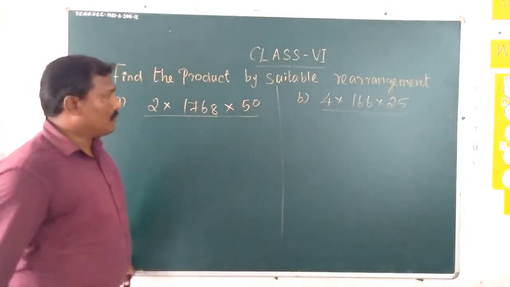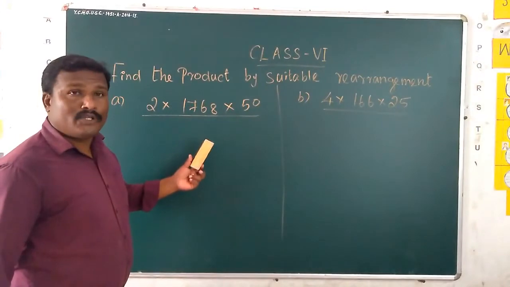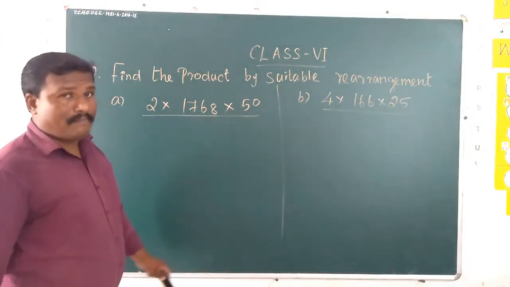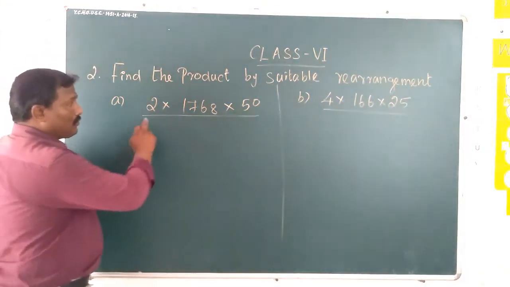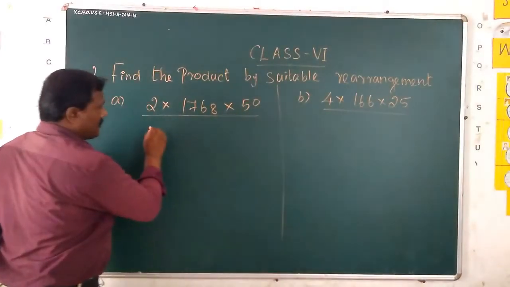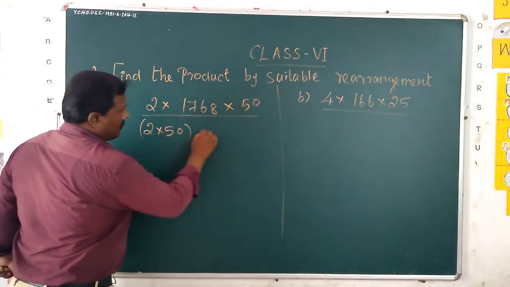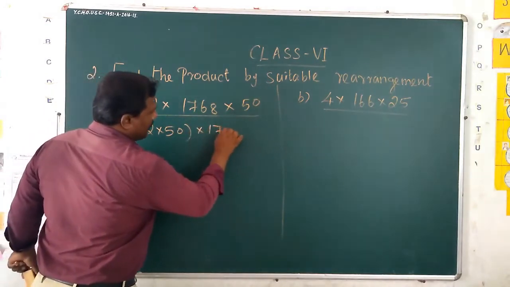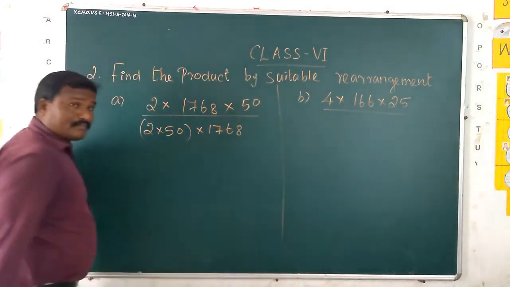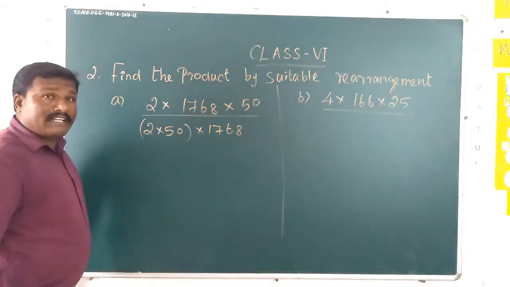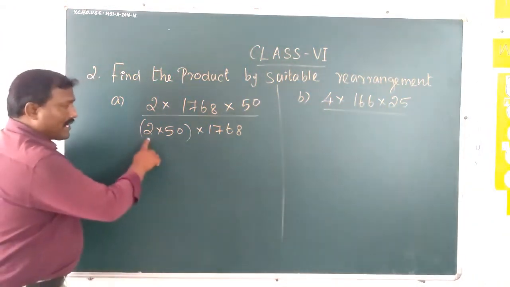Now I am going to rearrange the given sum. First I will take this and this: 2 into 50. Then after that I will multiply by 1768. So I rearrange, and now I can multiply easily.